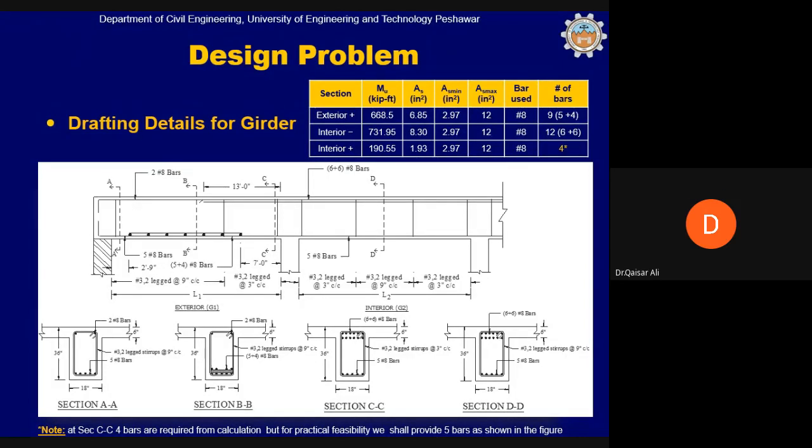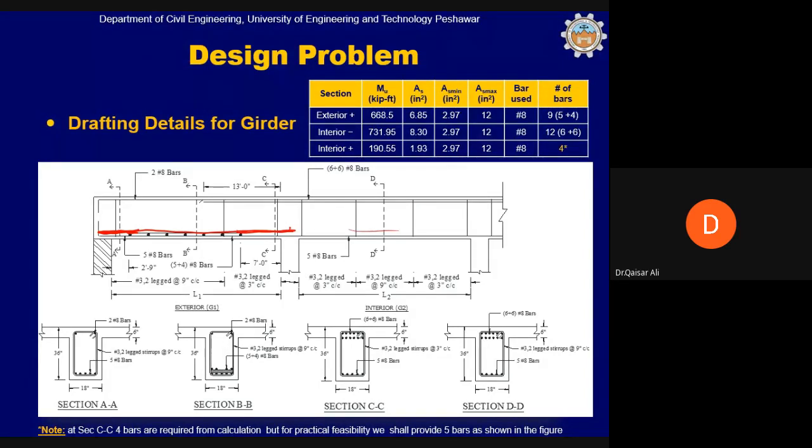I would have curtailed this second layer of reinforcement, but here at this location I would have extended it to this support, and also to this support, and to avoid this odd type of curtailment, I would have extended it to here, because I don't need it in this location because of the very small value of the bending moment.